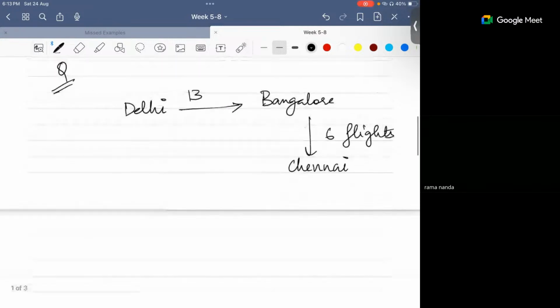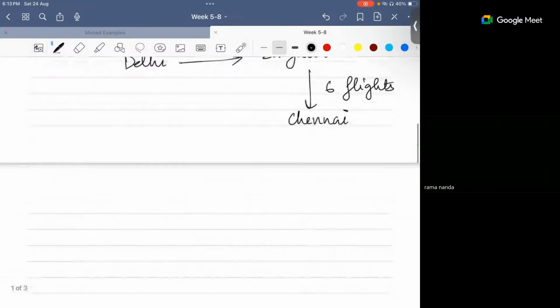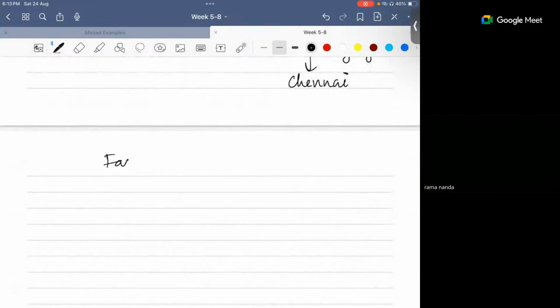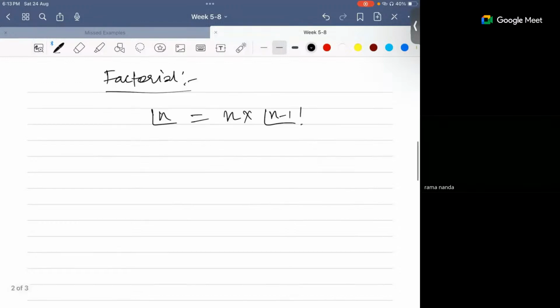And then you have to go through the factorial. Right? So this was simple. And then factorial. I hope you're already aware of that. So n factorial you can write as n times (n minus 1) factorial. Correct?